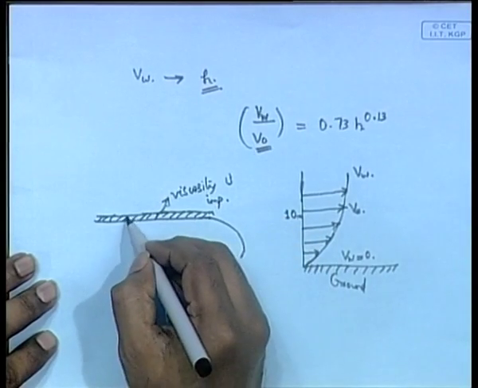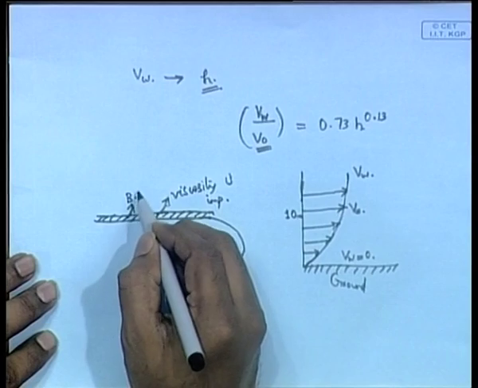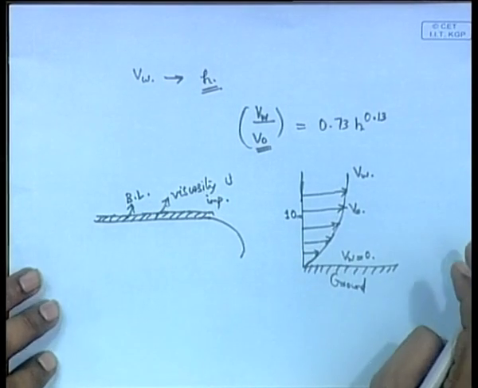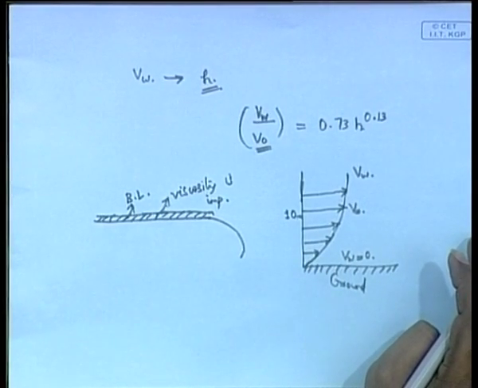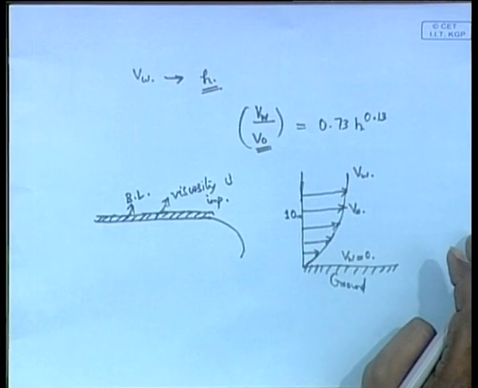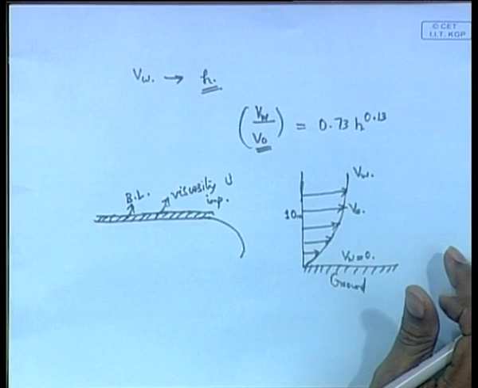This region we call the boundary layer. The BL represents the boundary layer. Note that it is a very small region close to the body, in some cases not even more than a few centimeters, maybe 10 centimeters thick. That is what we call the boundary layer.